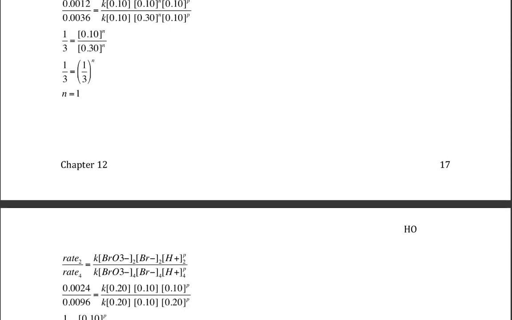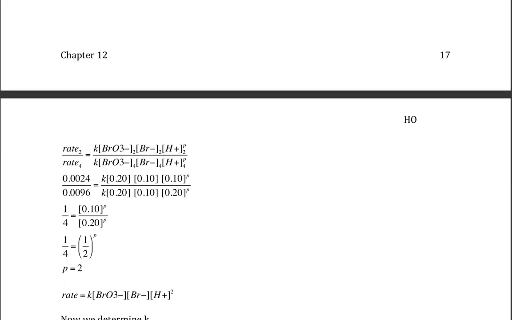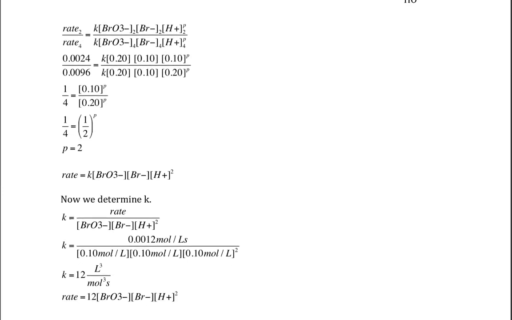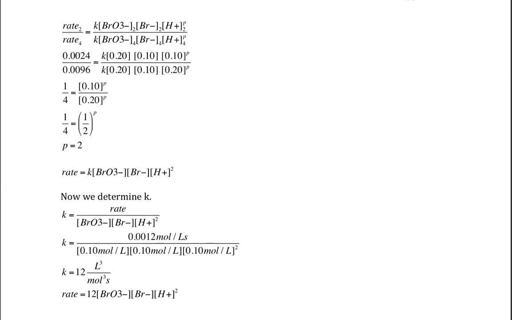Lastly, we work with the p data, the H plus data. So we do the same thing. We find where only the H plus concentration is changing, and that occurs in rates for experiments 2 and 4. So we write out our rate 2 over rate 4 with all the numbers.